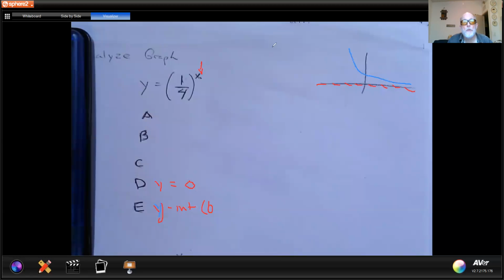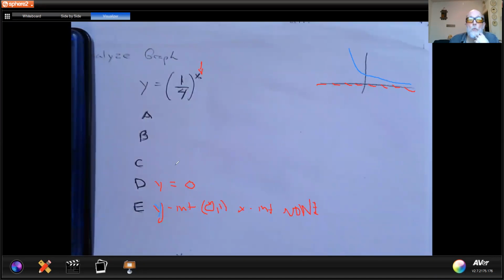So this is actually 0, 1. And of course, the x-intercept, there is none, because there's an asymptote. None.